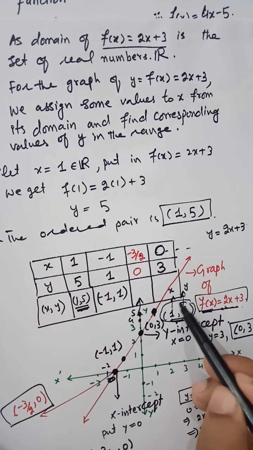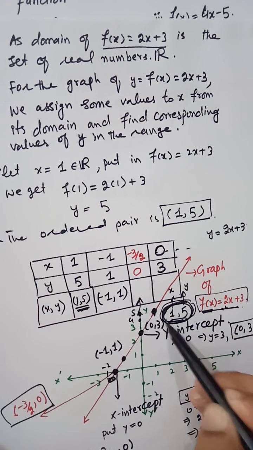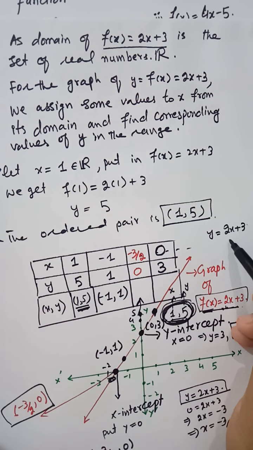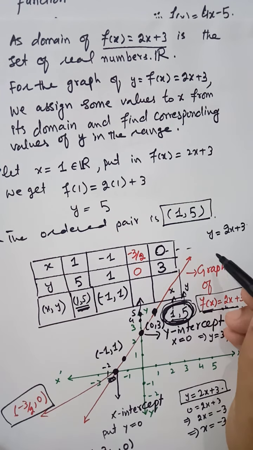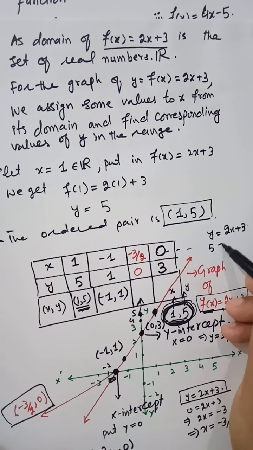When I put this point in this function, it must satisfy the function, because it lies on the graph of the function. It means that in place of x I put 1 and in place of y I put 5. So the left hand side and right hand side must be equal. For y I input 5 and for x I put 1.